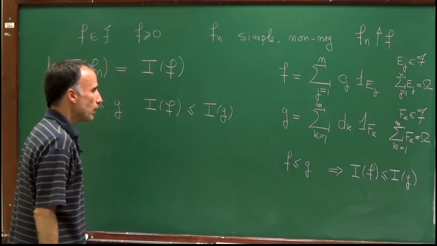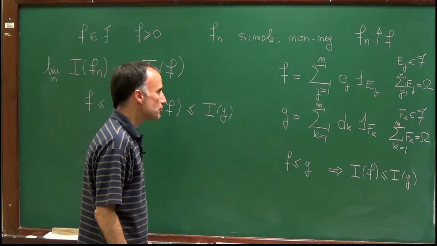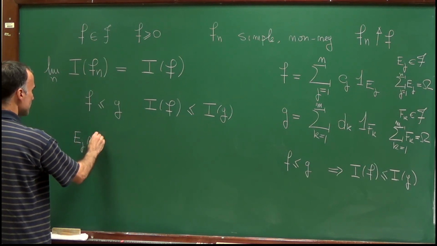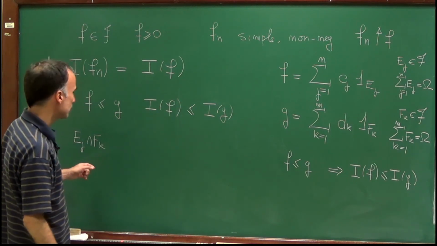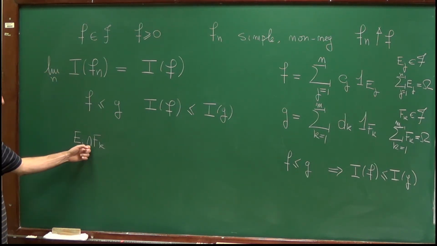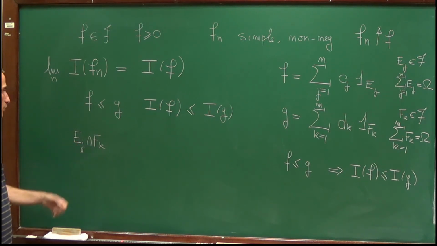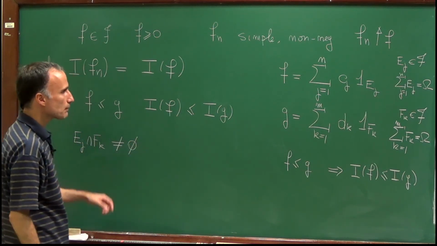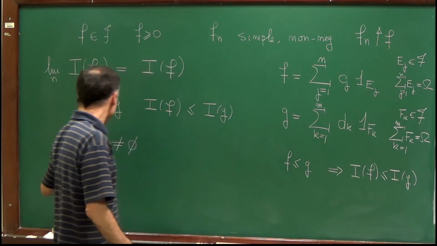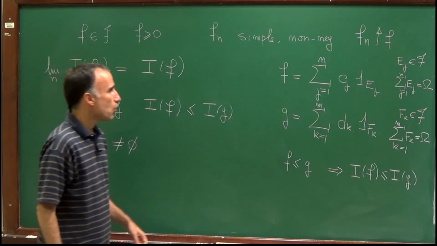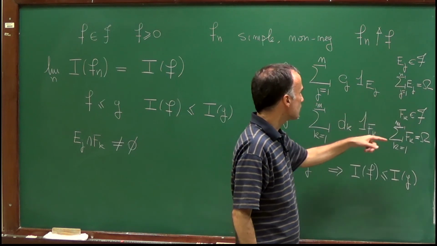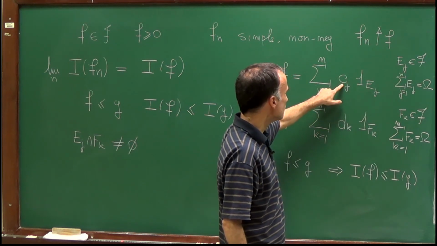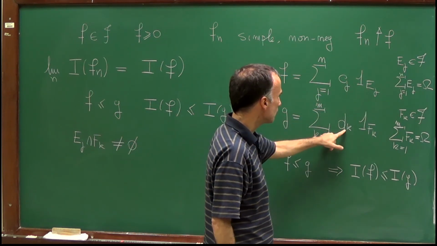Right? Well, this is very simple, because if we take two sets, E_j and F_k, either their intersection is empty or their intersection is not empty. In the case in which the intersection is not empty, well, taking a point in this intersection, since E_j and F_k are partitions, we see that f(x) is equal to c_j, and g(x) is equal to d_k.